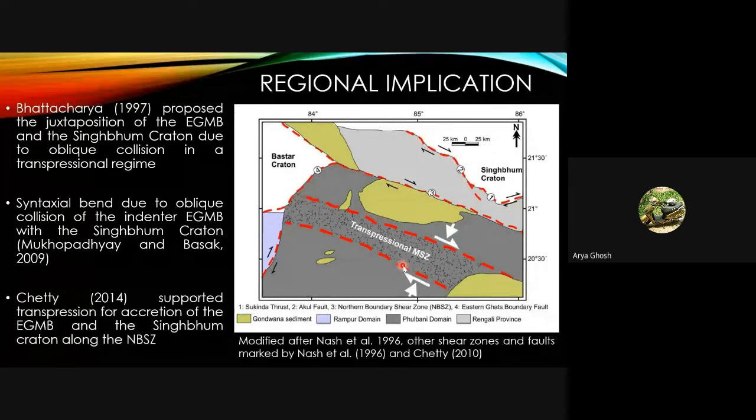Now, when we establish this as an intra-terrain one, we can have a relook at the shear zone and domainal classification of the Eastern Ghats mobile belt, where many shear zones demarcate the boundaries of these domains. I think we should have a relook at the boundaries, how far those are intra-terrain boundaries, and whether there is any chance of them being intra-terrain boundaries.